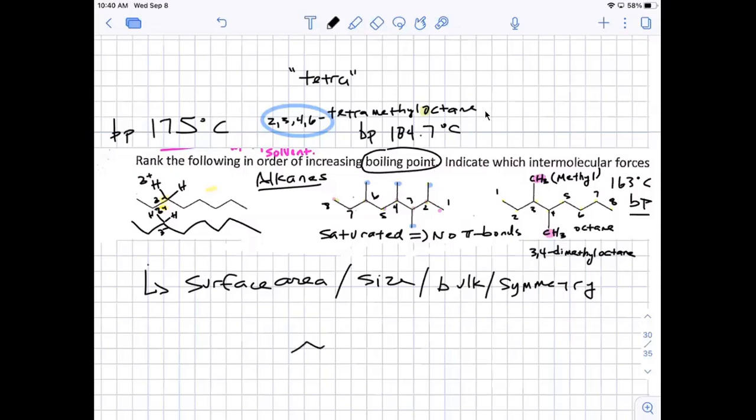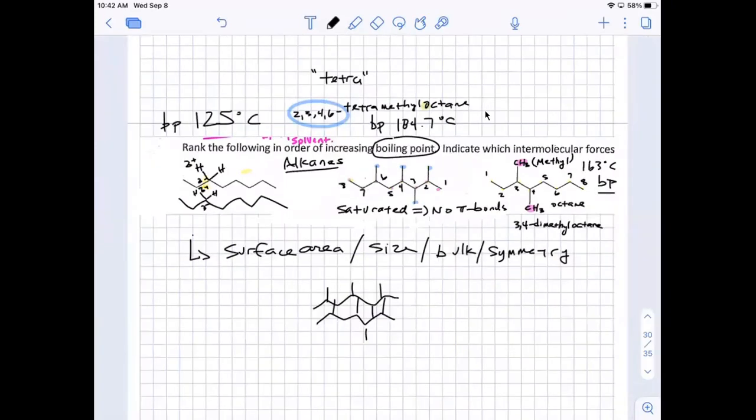So if we put one here like this, and then we put another one right next door to it, like this, you can think about those molecules stacking that way. And the fact that they can stack well is what's going to increase that boiling point. So this is 163, this is 125.